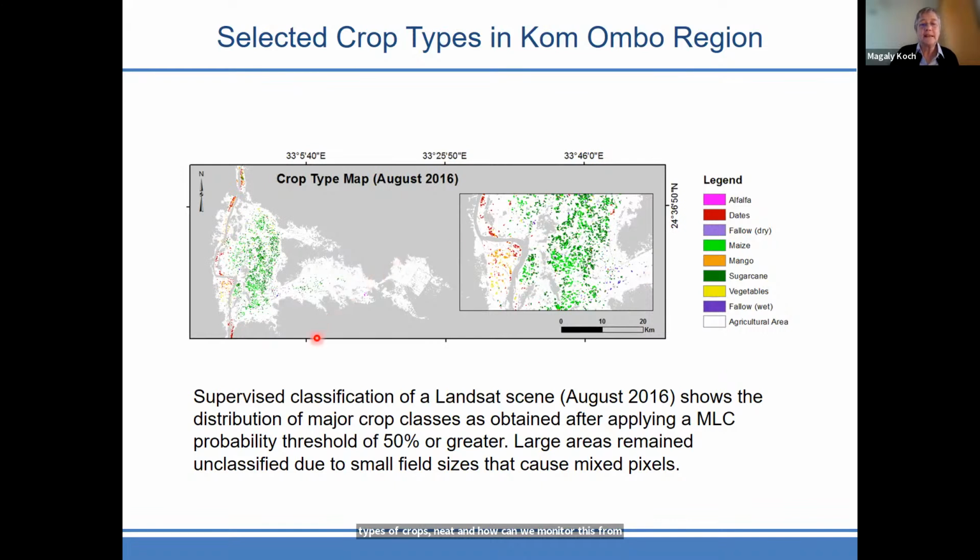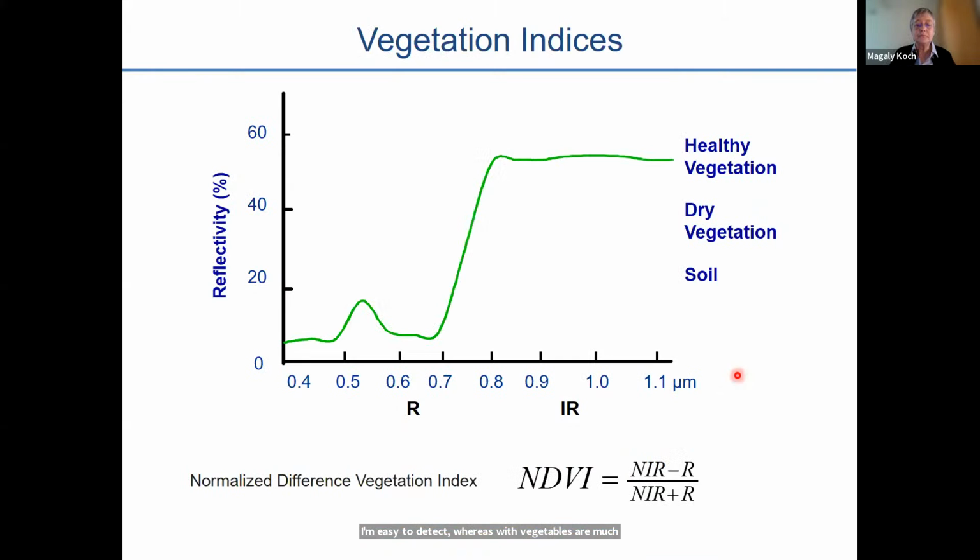Here we see that due to the satellite resolution, it was easier to map maize and sugarcane, because they make up very large areas, easy to detect. Whereas vegetables are much harder to map from space. I will show you in a minute how that was done.